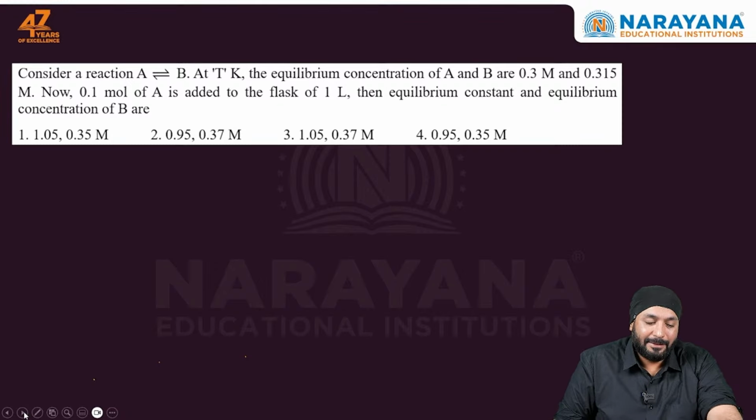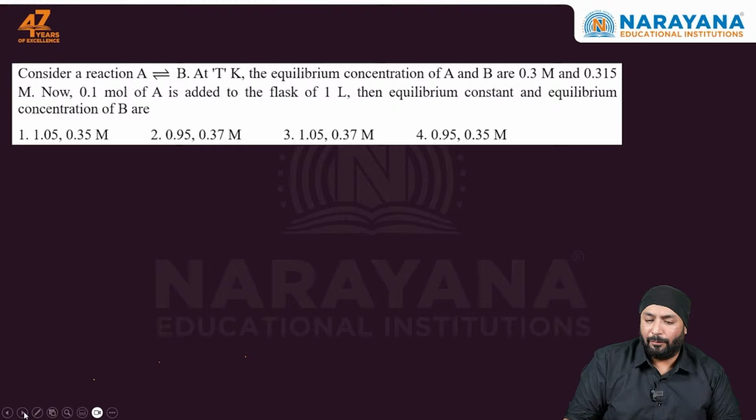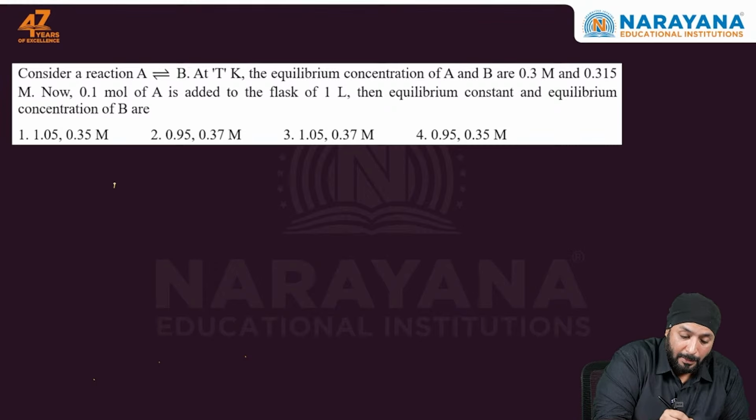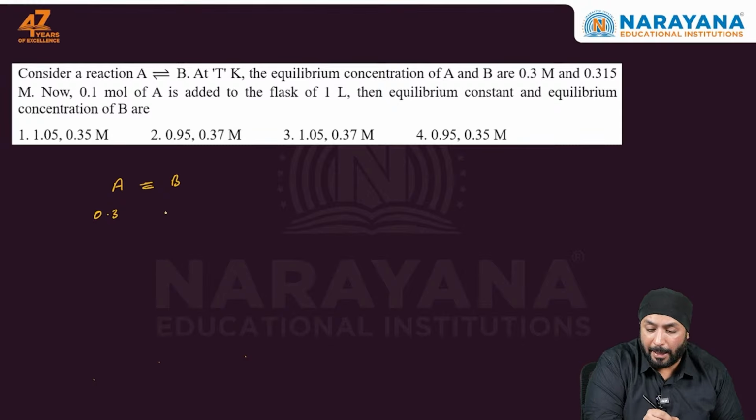Consider a reaction, A is in equilibrium with B at T Kelvin. This is an equilibrium question. The question seems simple, as the equilibrium concentrations of A and B are already given as 0.3 and 0.315.